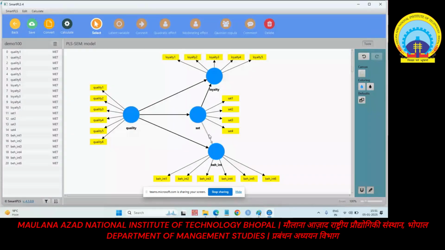Since generally it comes at the center of the model, it is also called the inner model. Its name is also the structural model or the inner model. Whereas a circle with its statements will be called the outer model, or the measurement model.